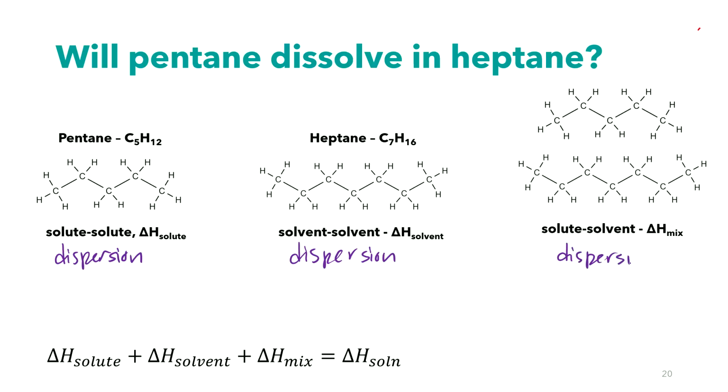These are all probably about the same value. I would guess that when I get a delta H of solution, it's probably near 0, because these are such similar molecules that their interactions are probably real similar in size when it comes to their delta Hs. So I would guess that this is about 0. And they mix because of entropy.